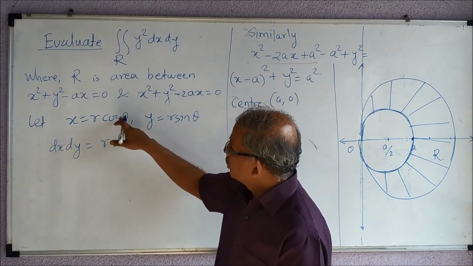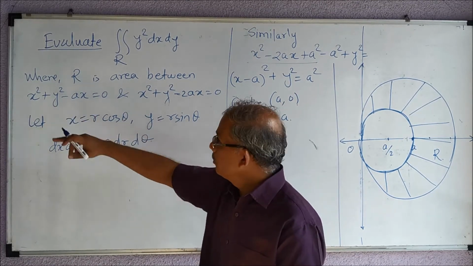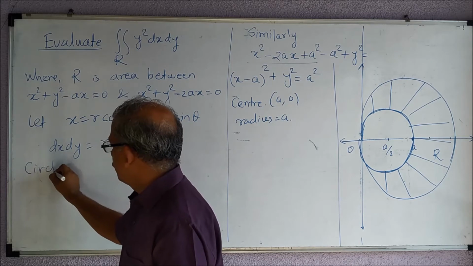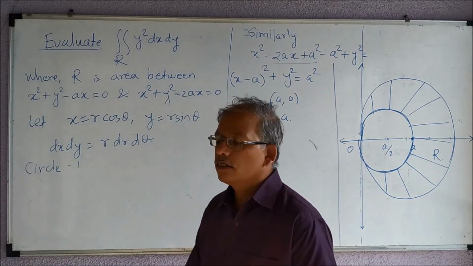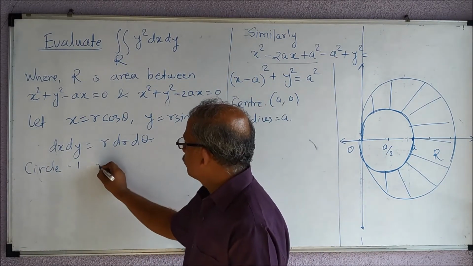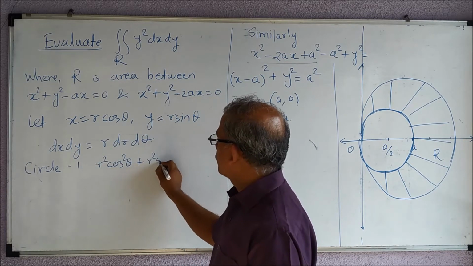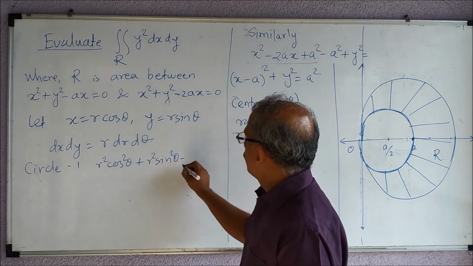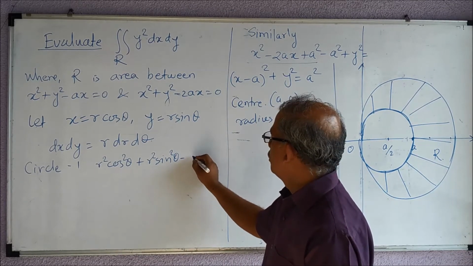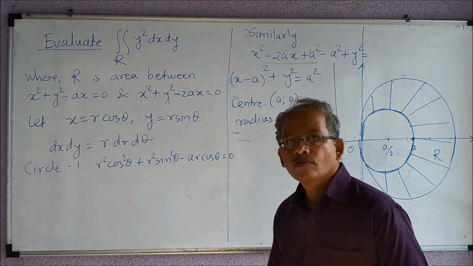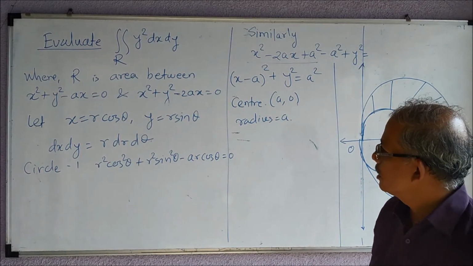If I substitute in the first equation, circle 1 becomes r square cos square theta plus r square sin square theta minus a r cos theta equal to 0. I have substituted all these things.